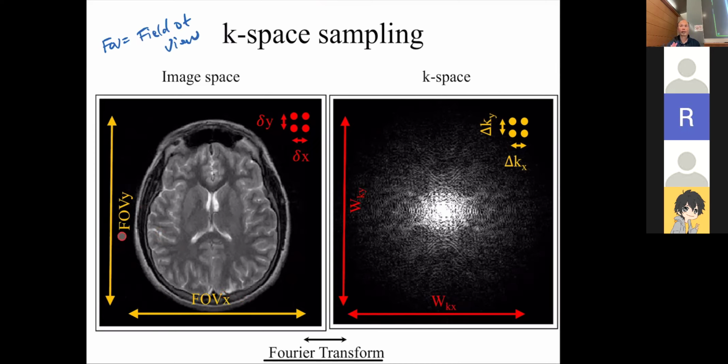If I have a head, I need a certain field of view. My object has a certain size, so I want to declare a field of view. If I was going to scan an orange, then I could make the field of view smaller, because my object's not as big. That's going to have some impact on the design requirements.